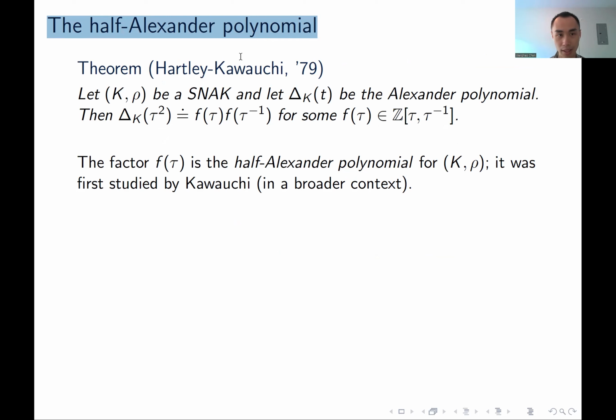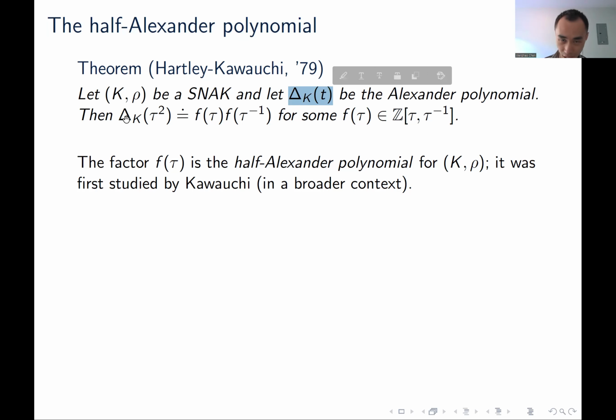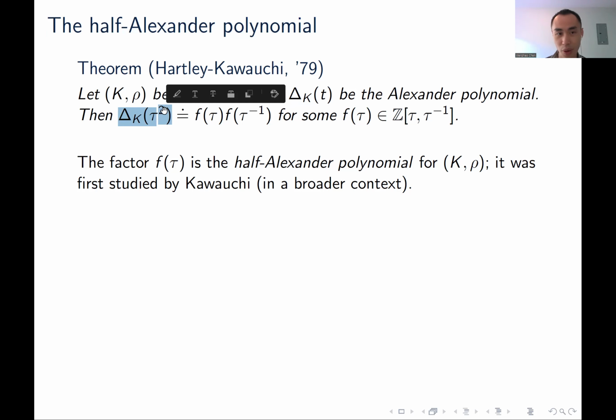In fact, the half-Alexander polynomial already made its appearance in 1979. Hartley and Kawauchi proved that if you have a snack (K, rho), and the Alexander polynomial of that snack, denoted by Delta_K(t), then if you replace t by tau squared, this polynomial actually factors as f(tau) times f(tau^-1) for some integer coefficient Laurent polynomial f(tau).